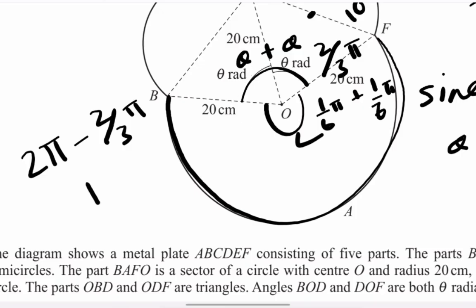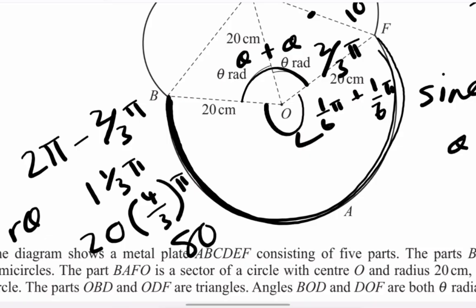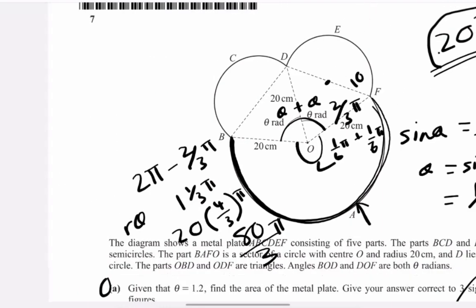So it will be 1 1/3 pi. And for this length, we are going to use r theta. Our r is 20, so 20 times this, 4/3 pi, and that will give us 80/3 pi for the length of this arc.